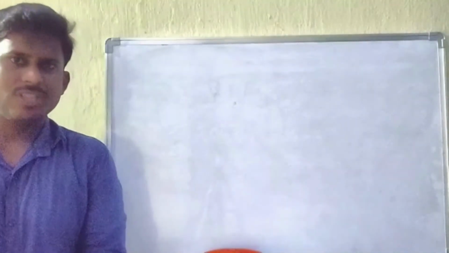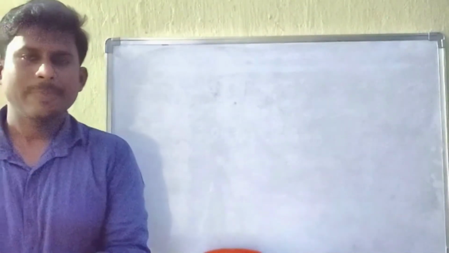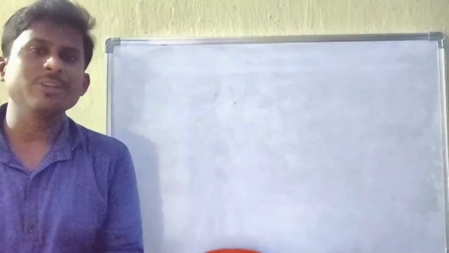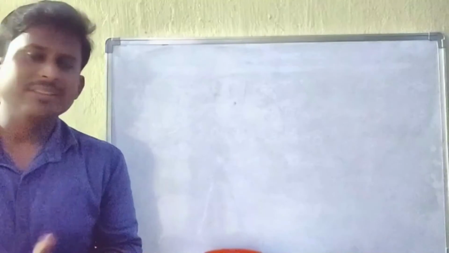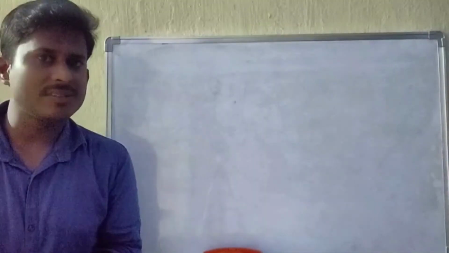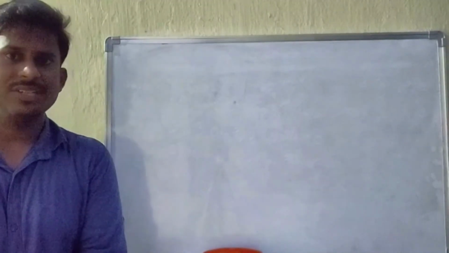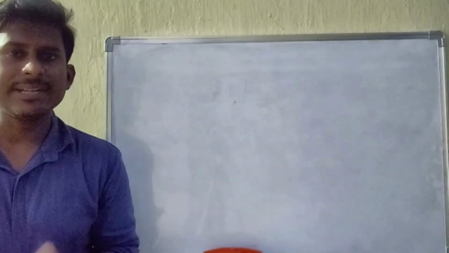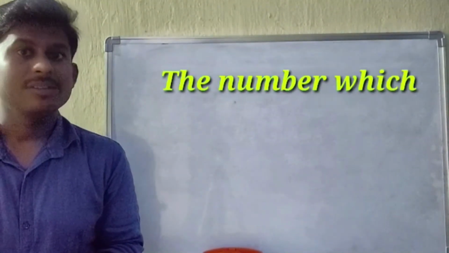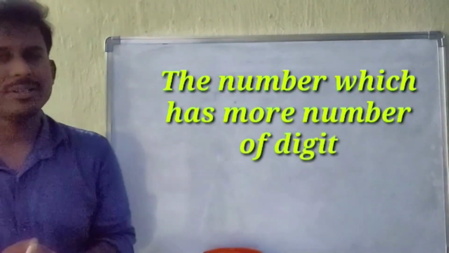Let me ask you a few questions basing on these concepts. While comparing two numbers, if one number has 5 digits and another number has 6 digits, which number will be greater? 6-digit number will be greater. Very good.